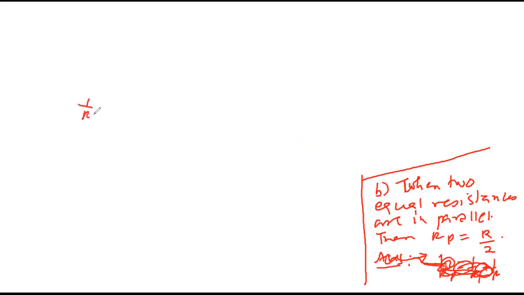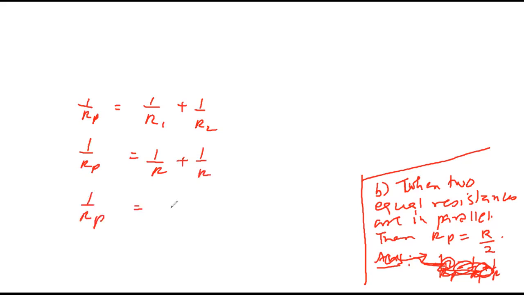One upon Rp equals 1 upon R1 plus 1 upon R2. So this is 1 upon R plus 1 upon R equals 2 upon R. Rp equals R by 2.